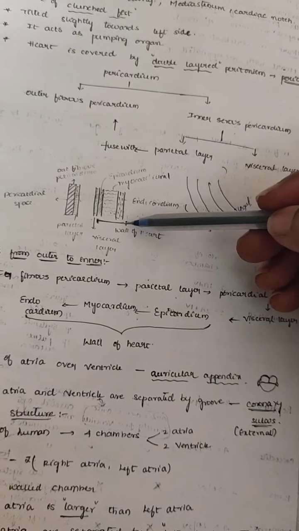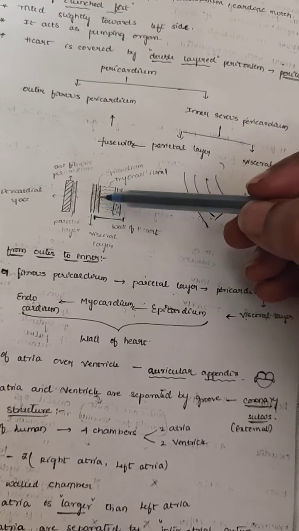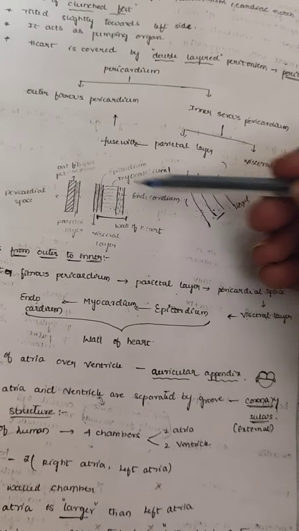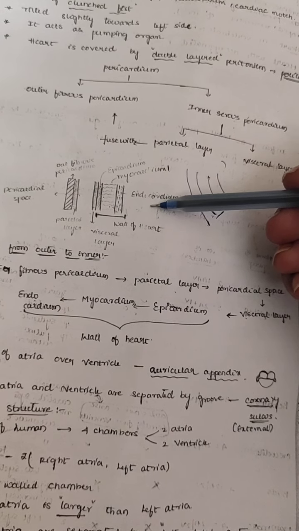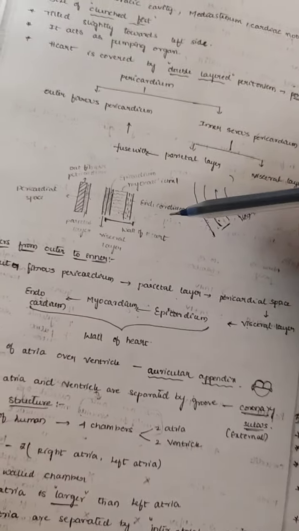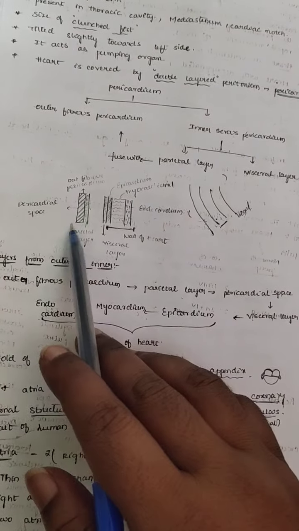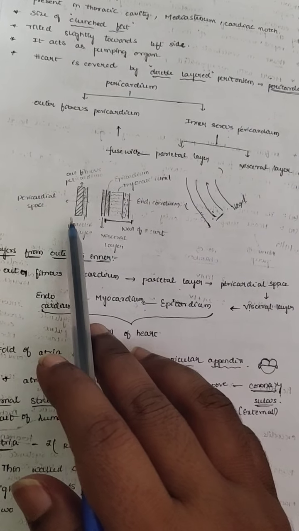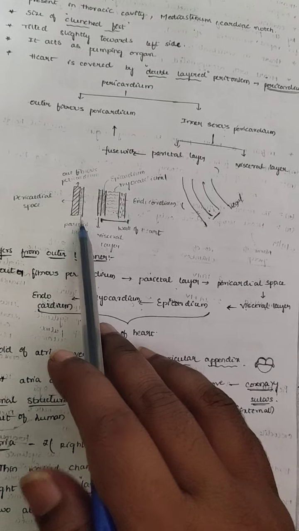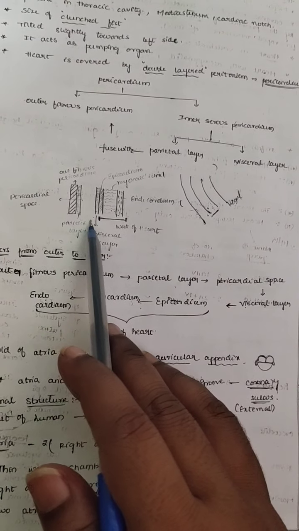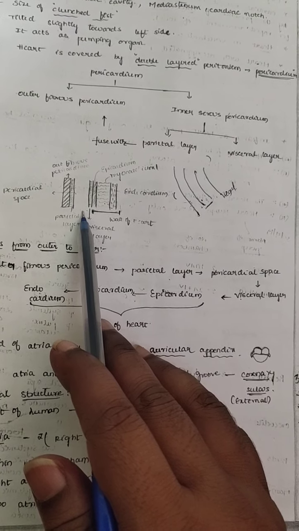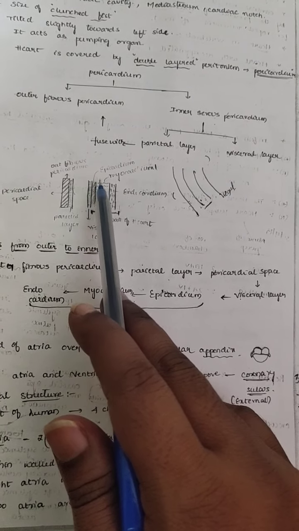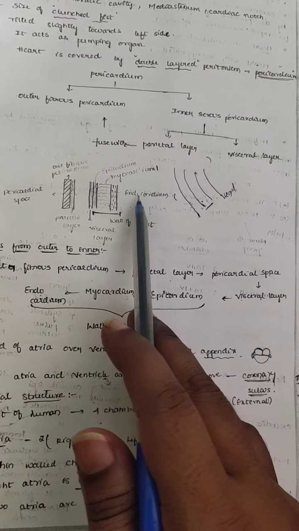Now the parietal layer fuses with the fibrous pericardium, and the visceral layer fuses with the heart wall. The walls of the heart: the outer one is called the epicardium, the middle one is called the myocardium, and the inner one is called the endocardium. So for the heart, from outer to inner: the fibrous pericardium, then the parietal layer, the pericardial space, the visceral layer, the epicardium, the myocardium, and the endocardium.